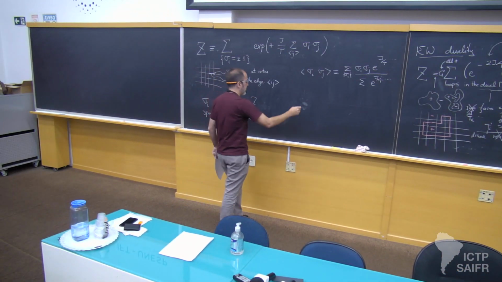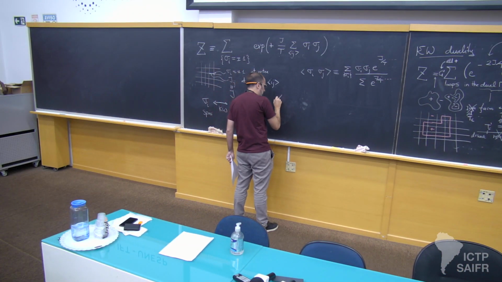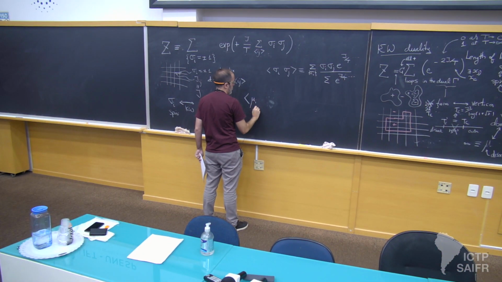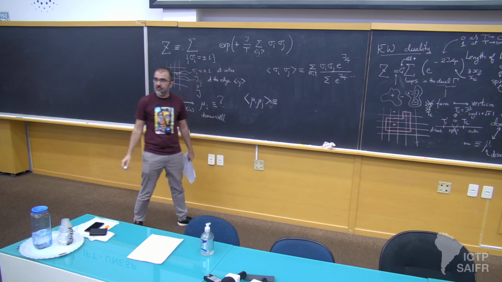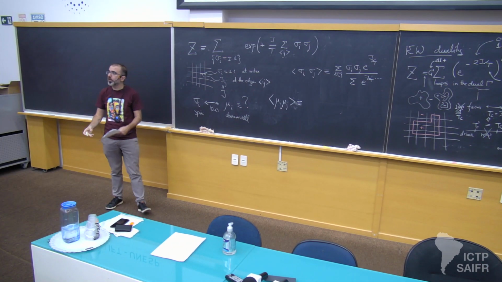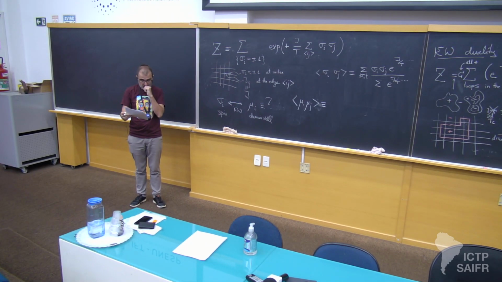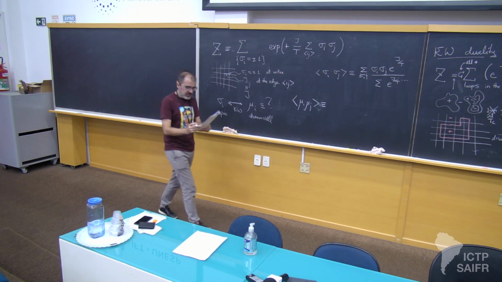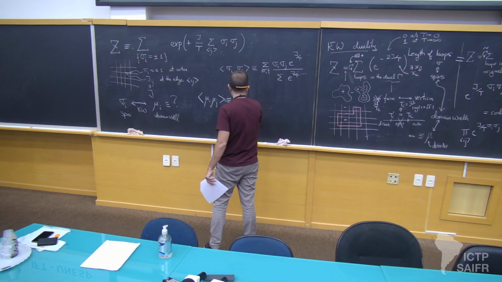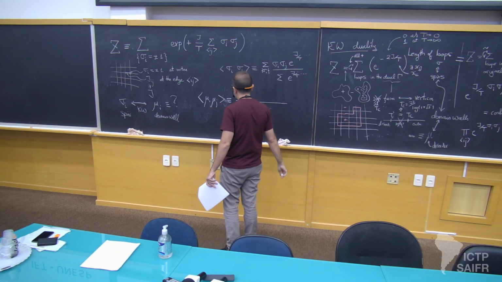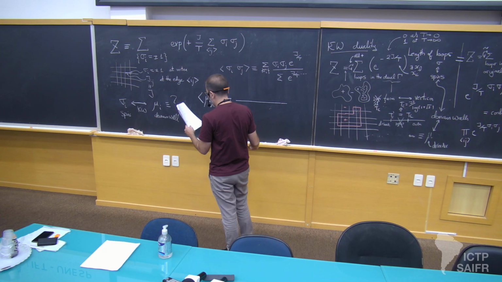Similarly, let's define what mu i, mu j is. Let's give a definition that defines my operator. The definition might look a bit weird, but that's the definition. So let's define it and then see that this definition makes sense.